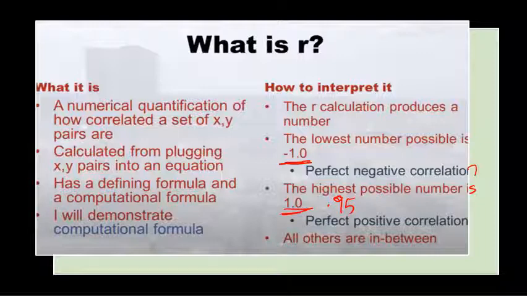That would be almost a perfect positive correlation because it's very, very close to 1.0. Same thing over here. If you were to get negative 0.9 or negative 0.95 or anything like that, that's very, very close to being a perfect negative correlation.